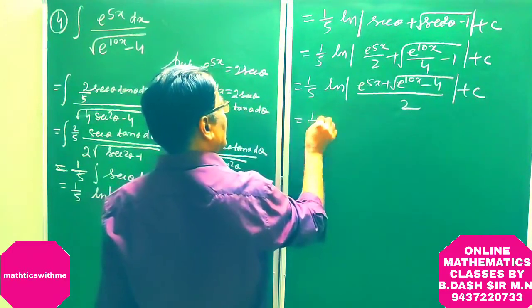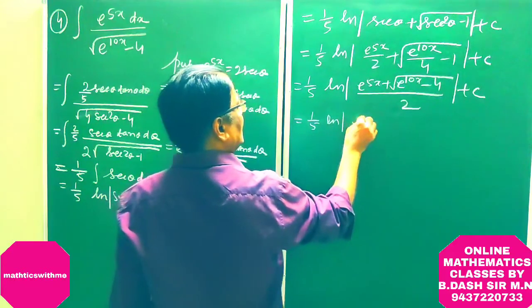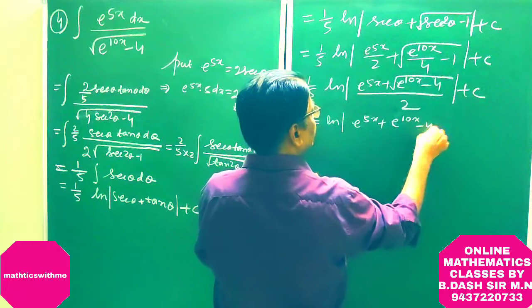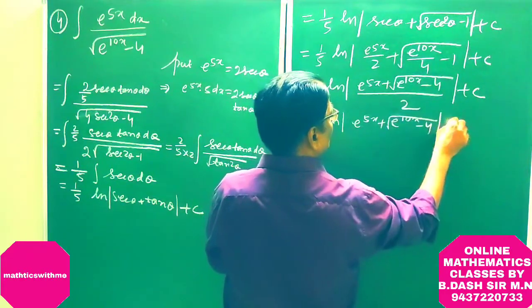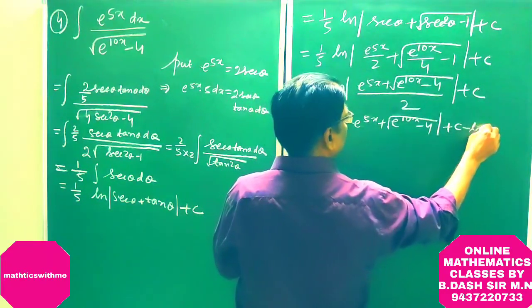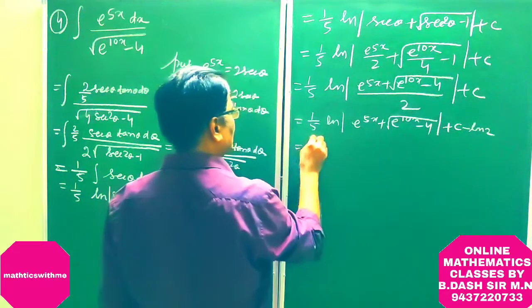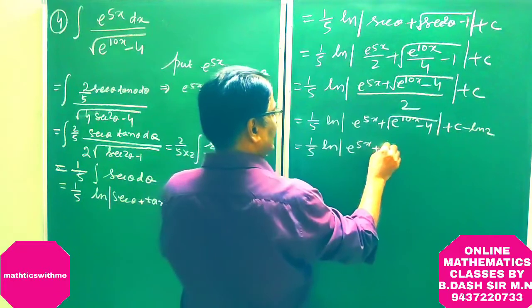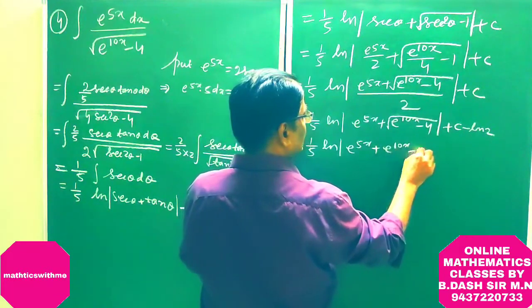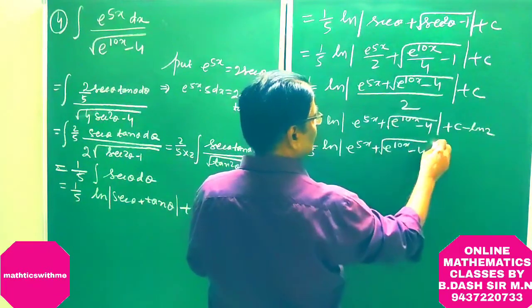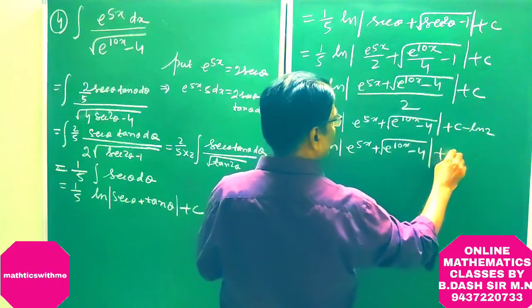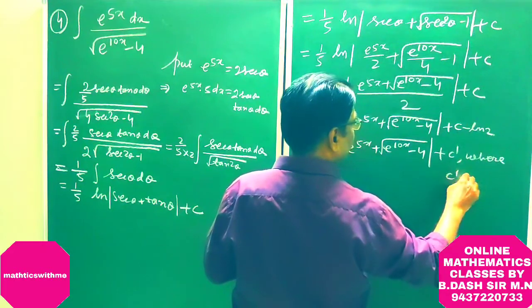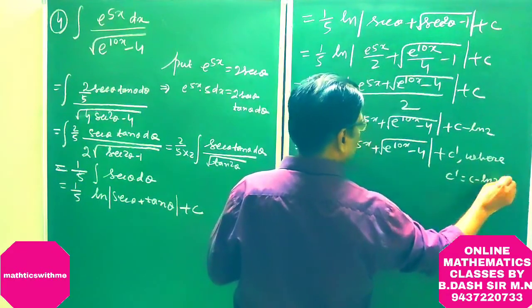So this is 1/5 ln |e^(5x) + √(e^(10x) − 4)| + c − ln 2, which is equal to 1/5 ln |e^(5x) + √(e^(10x) − 4)| + c', where c' is equal to c − ln 2.